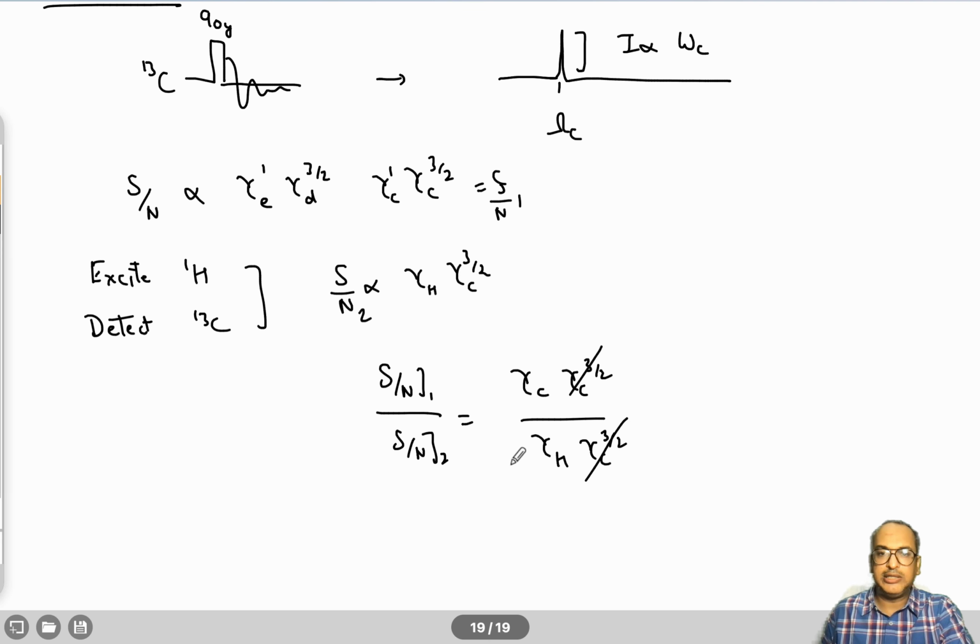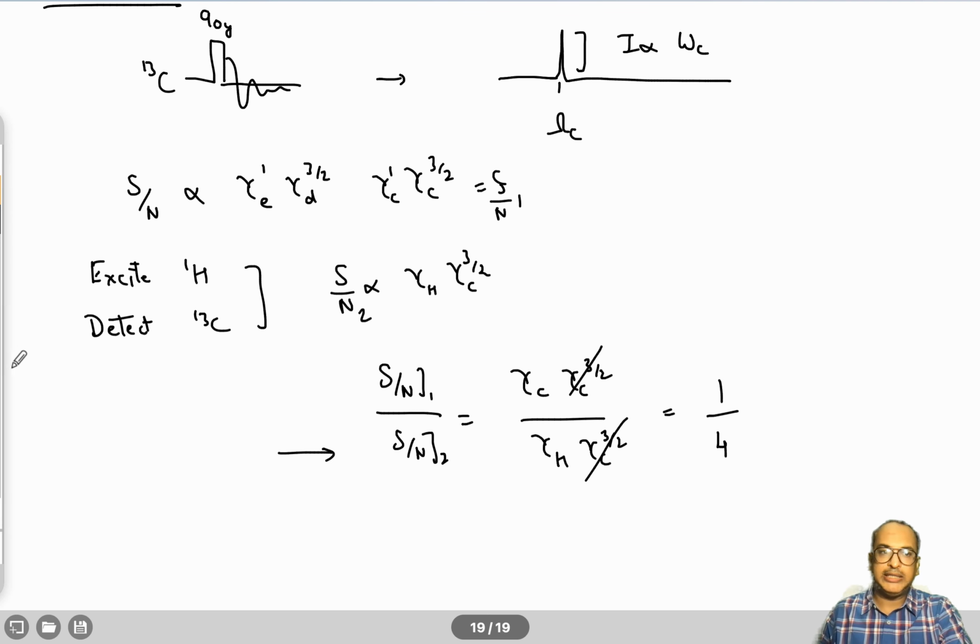So this factor cancels out, and what you are left with is 1 by 4, right? So basically, in this situation when you are exciting proton and detecting carbon, you are increasing the signal to noise by 4-fold, which is a huge increase. So all you have to do is excite proton and detect carbon.